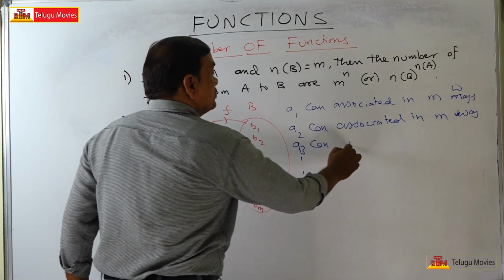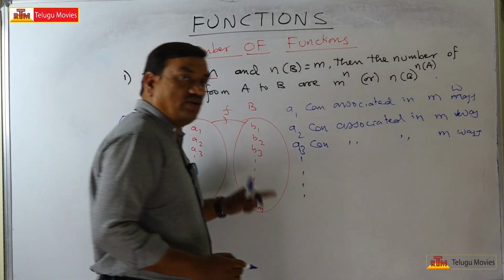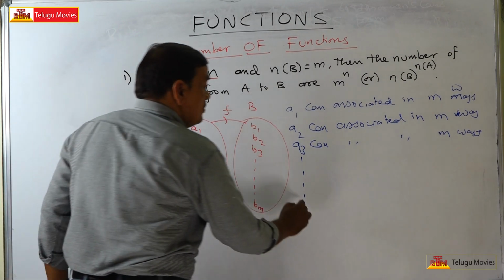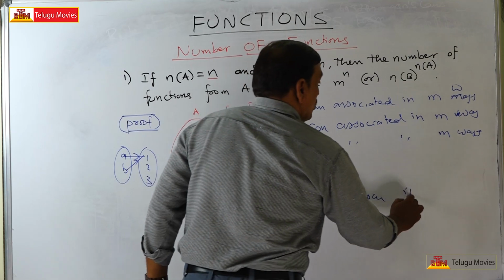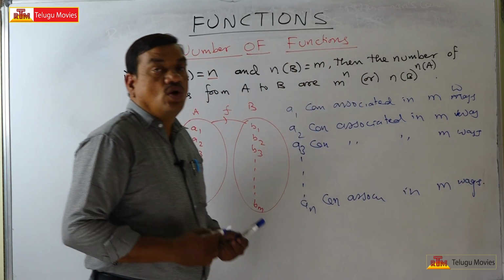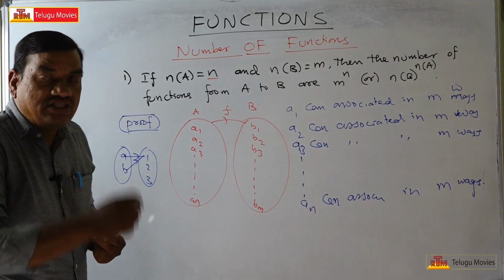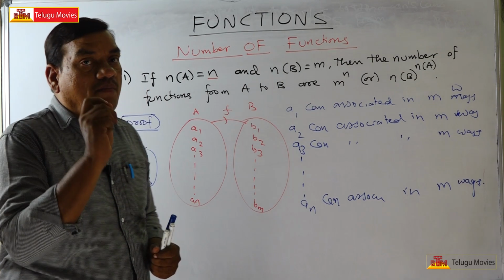A3 can associate in how many ways? m ways. A3 also has m ways. And so on, An can associate in m ways. Now, in permutations and combinations, we have the fundamental principle of multiplication.